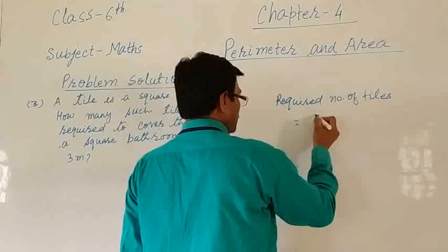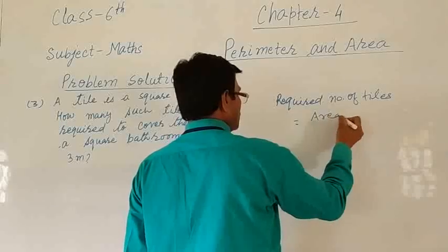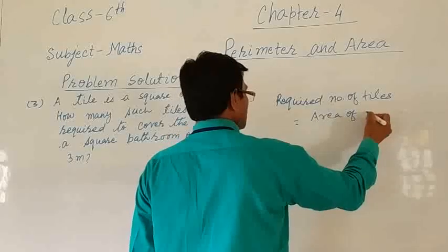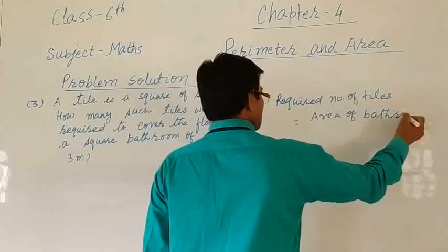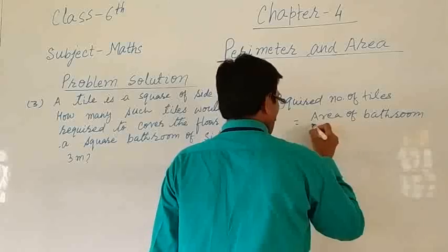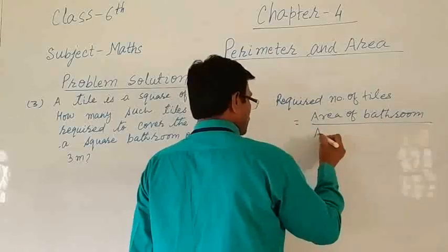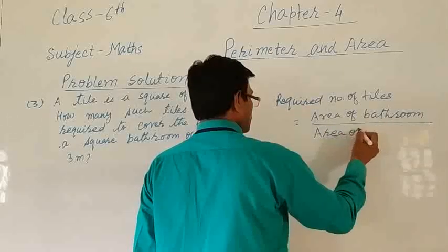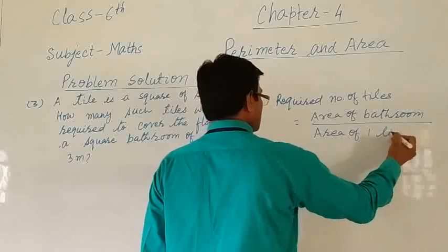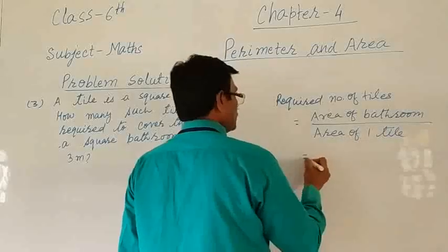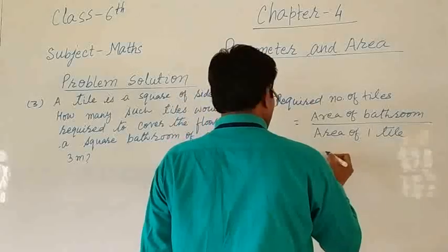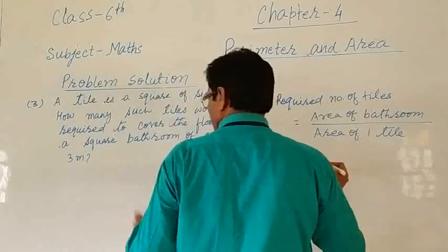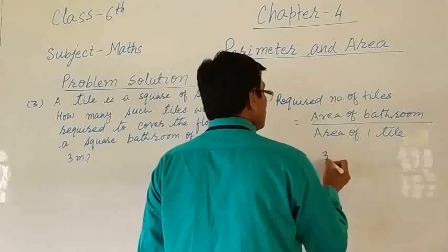Required number of tiles is equal to area of bathroom over area of one tile. Area of bathroom is given, side square, so one side is of 3 meter.